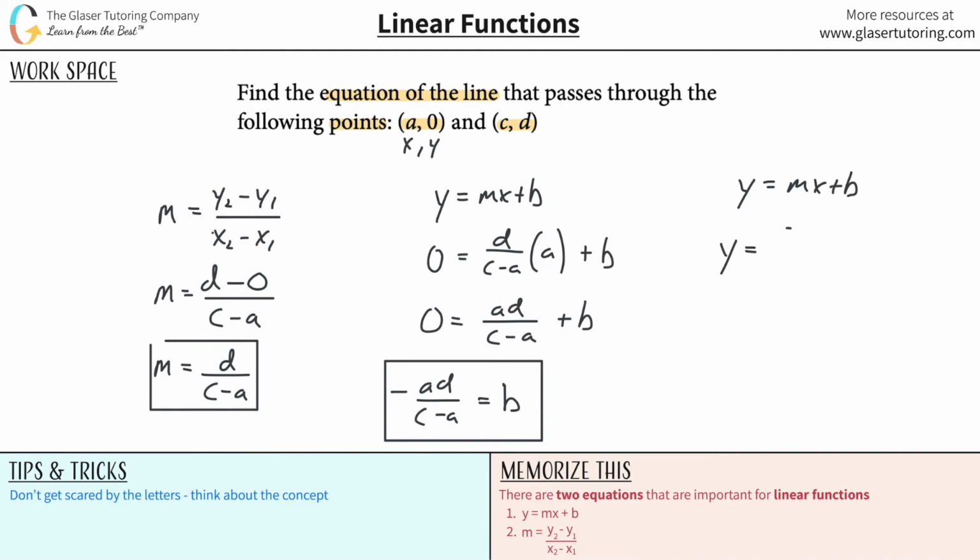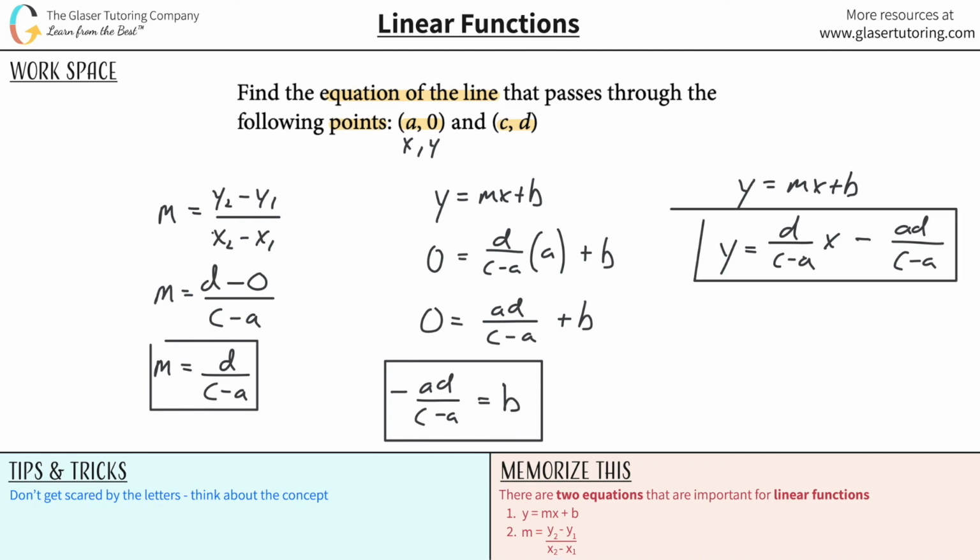The slope value was d over c minus a, and that was all times x, plus then my b value, plus this thing. But it's really a minus, because it's negative. So just write negative ad all over c minus a. And we're just going to leave it alone from here. So that would be a mathematical representation of the equation of the line.